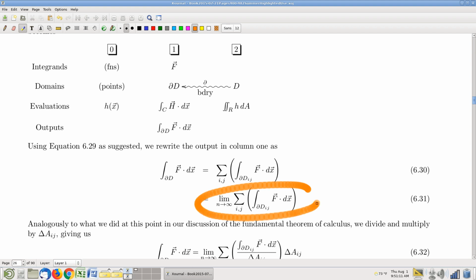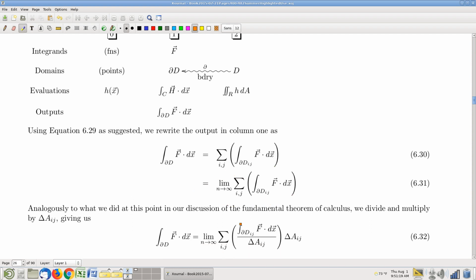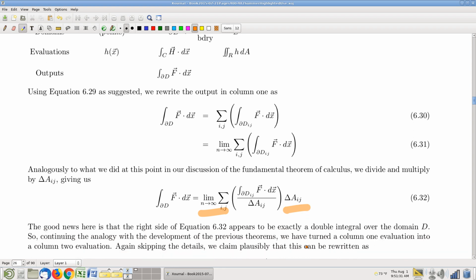This kind of looks like a double integral. We are adding up over the entire interior, after all. But to be a double integral, we need to have delta A on the side. So let's multiply and divide by delta A. Now we have a 2-index Riemann sum, which is a double integral.